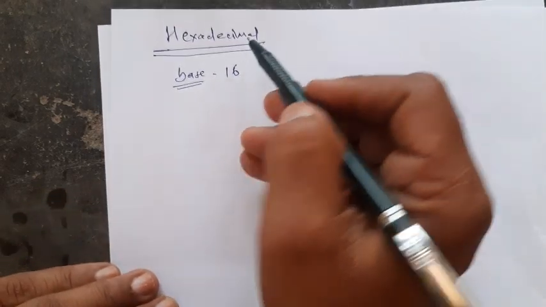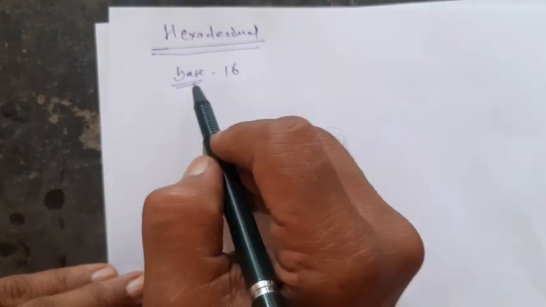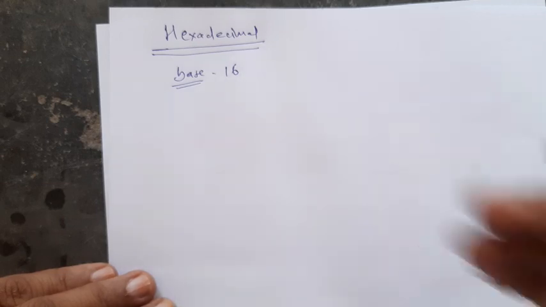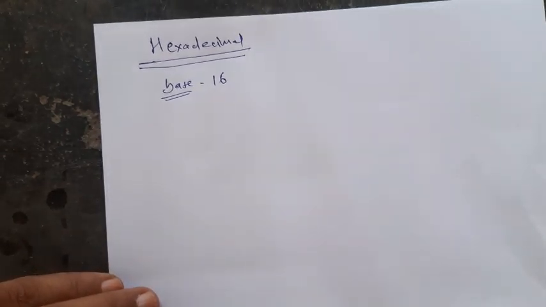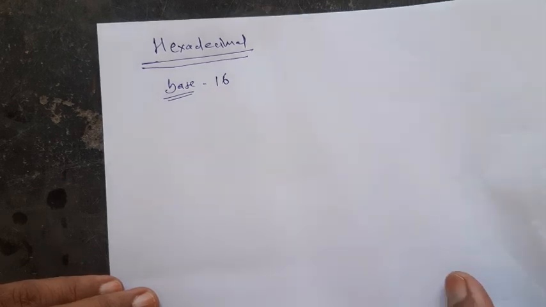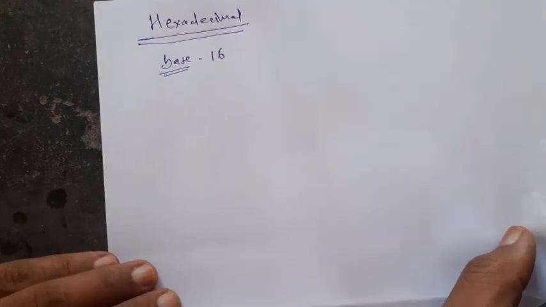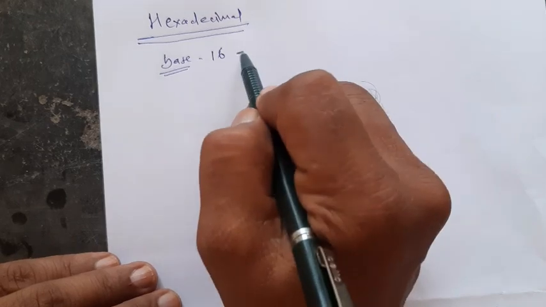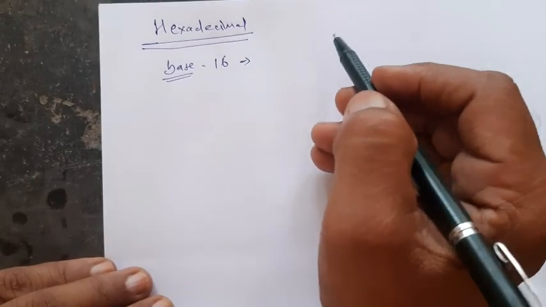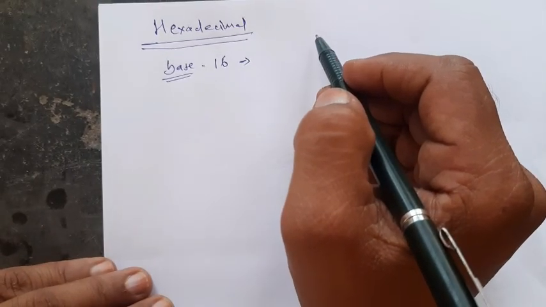Means the hexadecimal number system is the number system with base 16. Now with the background of the decimal number system, binary number system and octal number system, you may think about the development of this hexadecimal number system with the background of the different numbers which are used, 16 numbers.